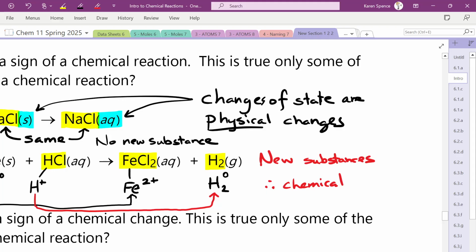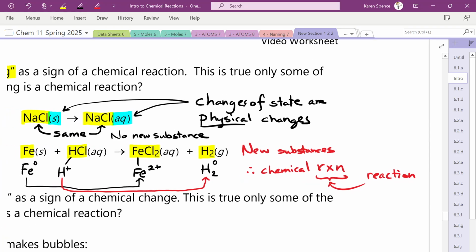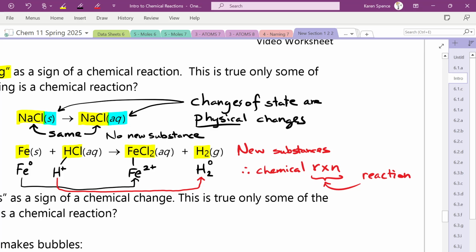Do you know it yet? Have I shown you? RXN. Reaction. Because reaction is a long word, and we write it all the time. RXN. Reaction. Okay.